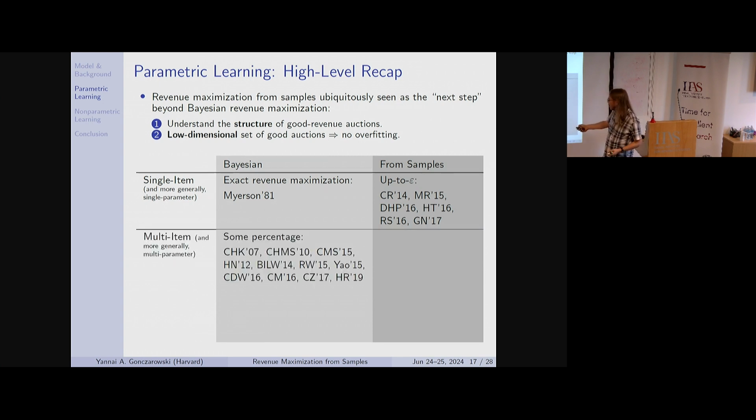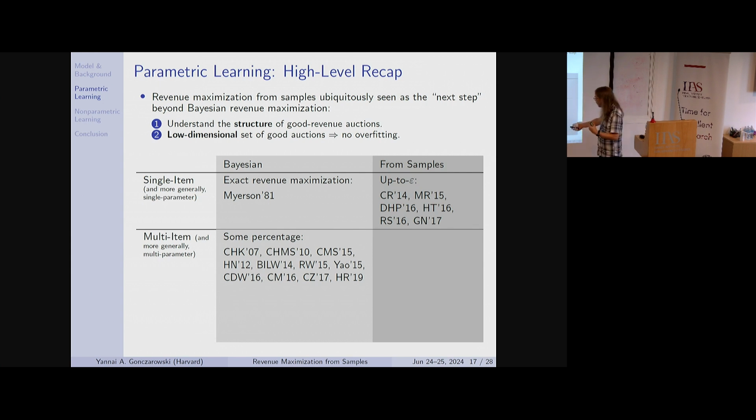And for multi-item, if you're interested in some percentage, you get told what you were interested in: 1/6, 1/10, 1/50, 1/56, I think there was even a paper. As you learned from Sergio yesterday, the structure of optimal multi-item auctions is horrendously complex. We don't understand it.